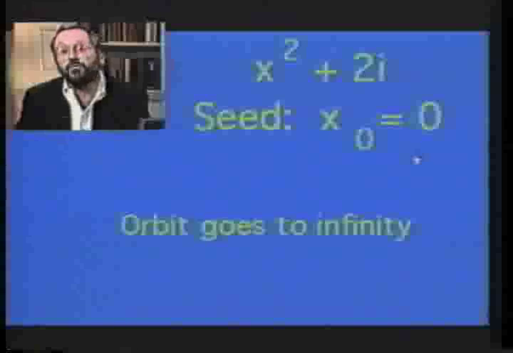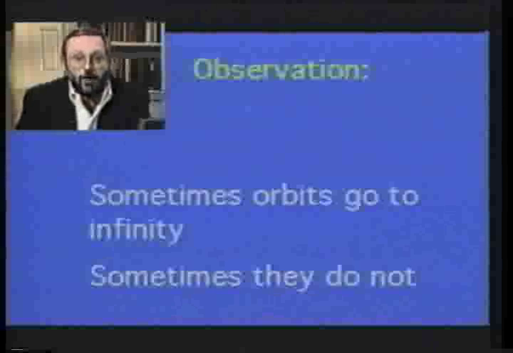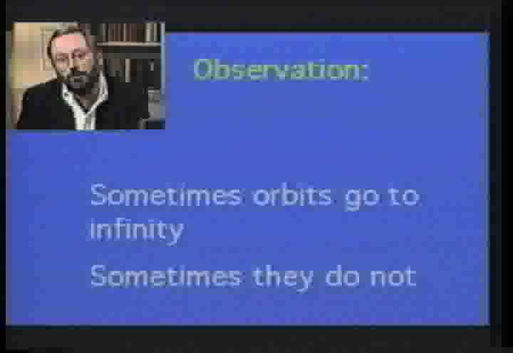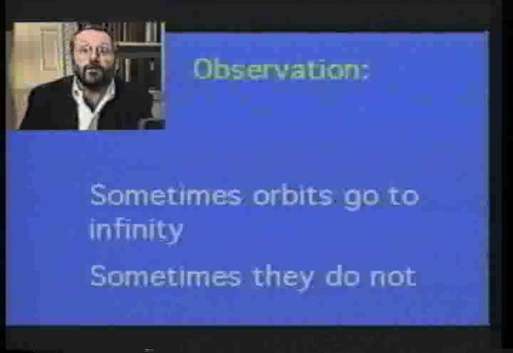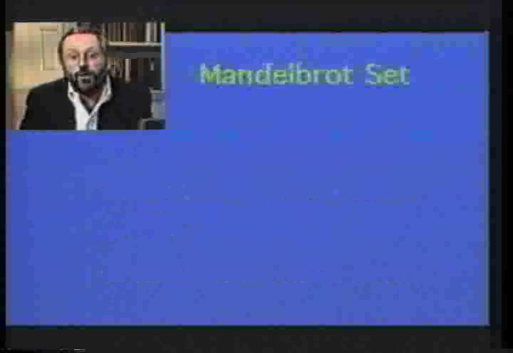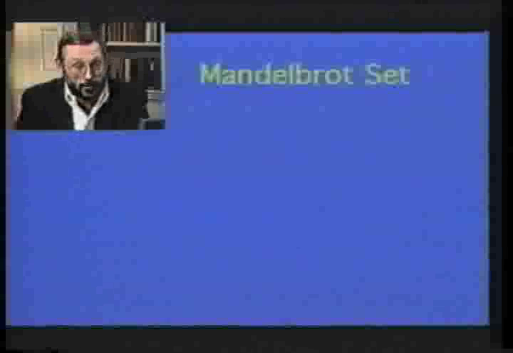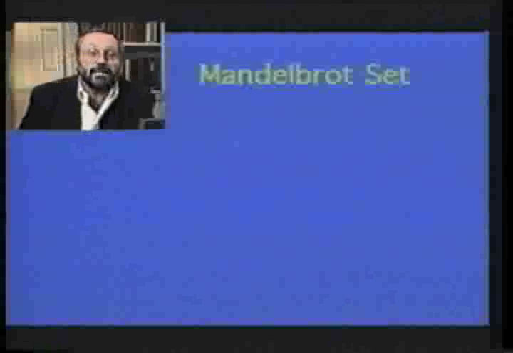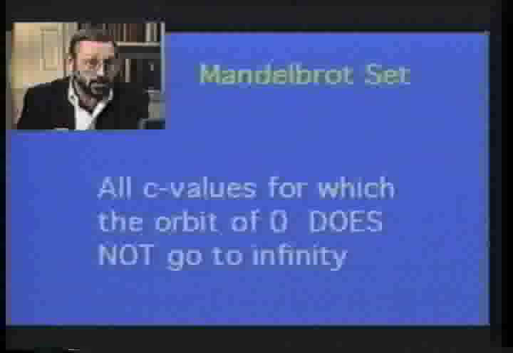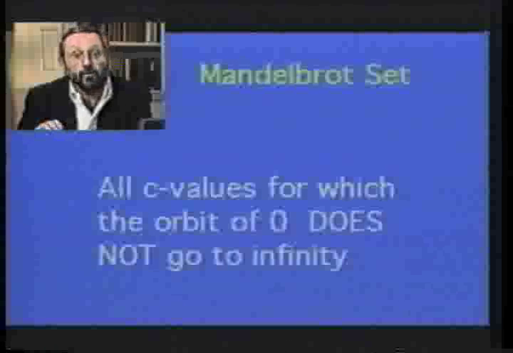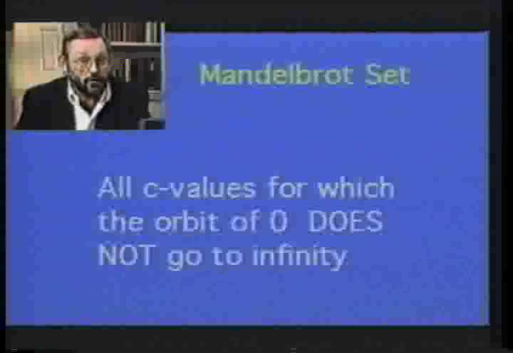So, just as with real iterations, there's a fundamental dichotomy. The main observation is sometimes these orbits go to infinity, and sometimes they do not. Now, that's the observation that lies behind the Mandelbrot set. For the Mandelbrot set is nothing but all the c values in x squared plus c for which the corresponding orbit of 0 does not go to infinity.